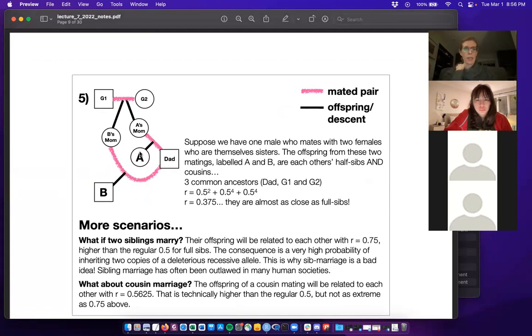Okay, so in this case, you want to know how many ancestors these 2 young children share. Well, they have the same dad. That's one of their shared ancestors. They don't have the same mom.